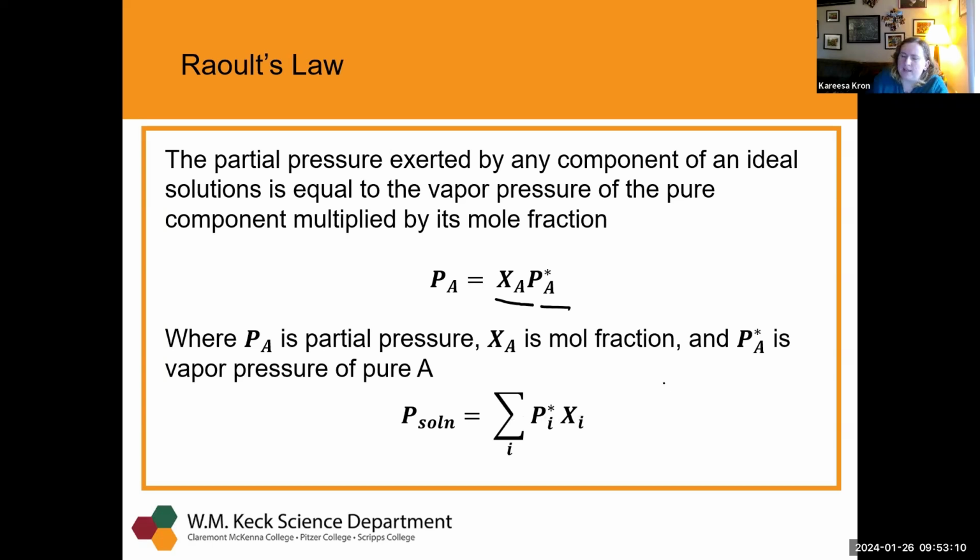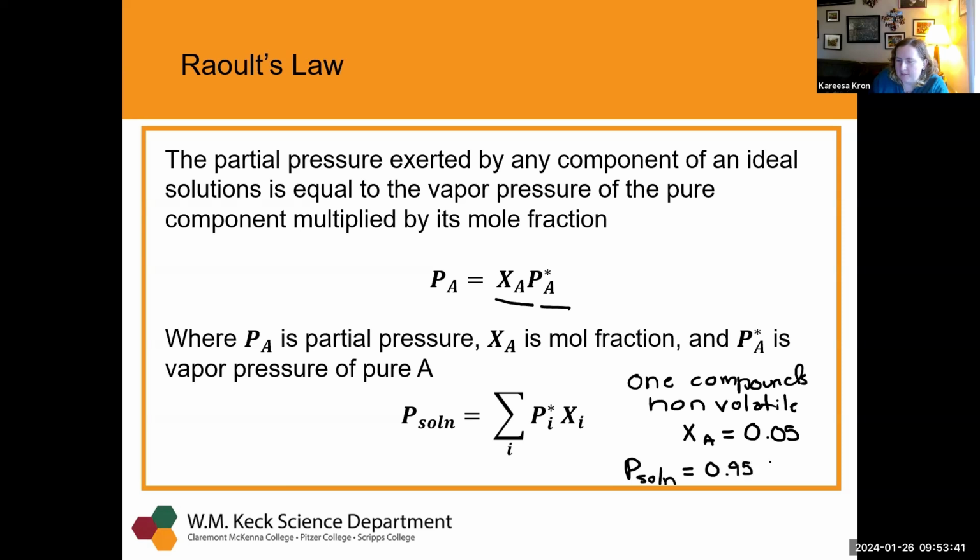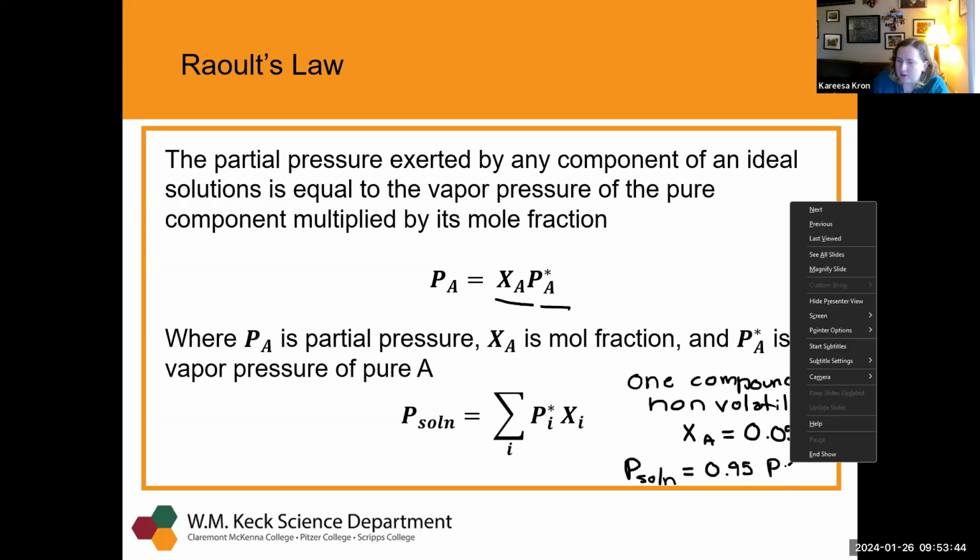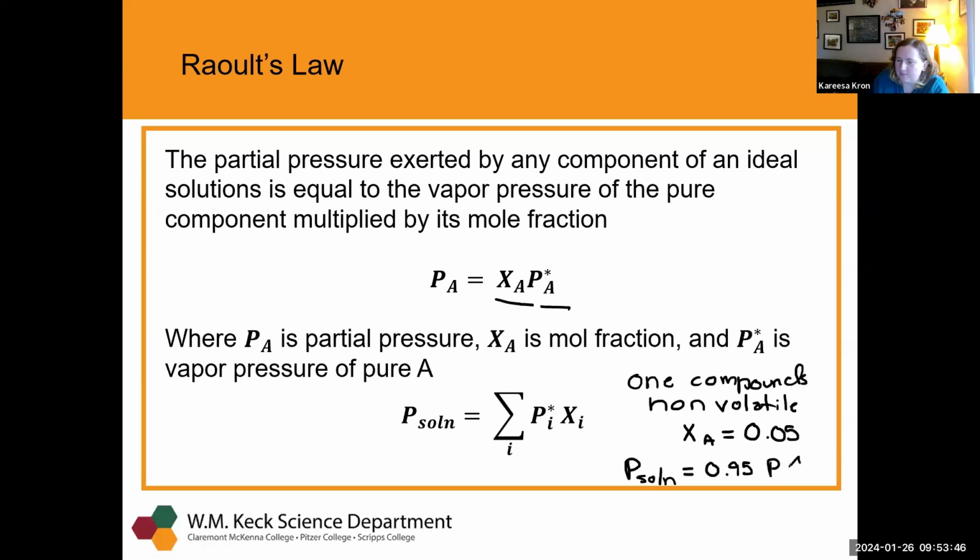Like I said, if one of my compounds is non-volatile, and we'll say that its mole fraction is 5%, or 0.05, then my final vapor pressure of my new solution is going to be 0.95 times whatever the original vapor pressure of the solvent is.